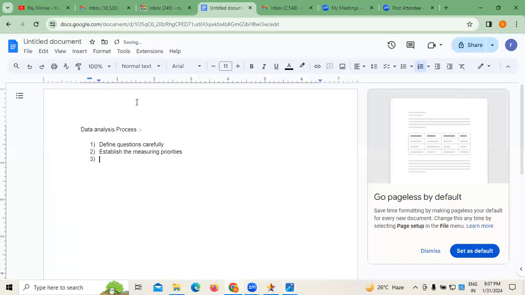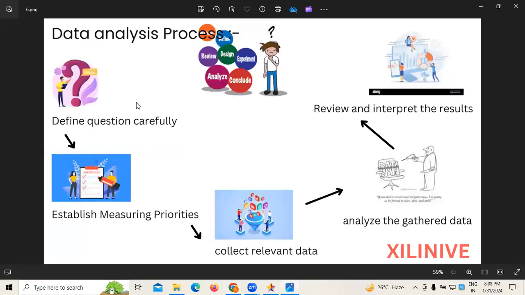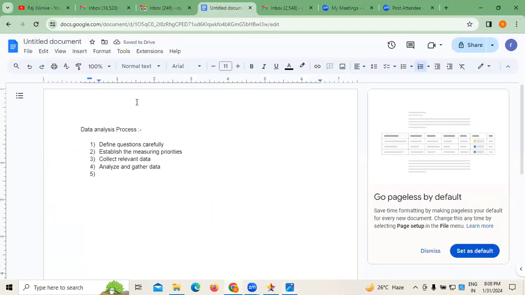Third, we need to collect relevant data. Fourth one is to analyze and gather data. Last but not least, review and interpret the results. Okay, these are the 5 steps which are involved in the data analysis process.